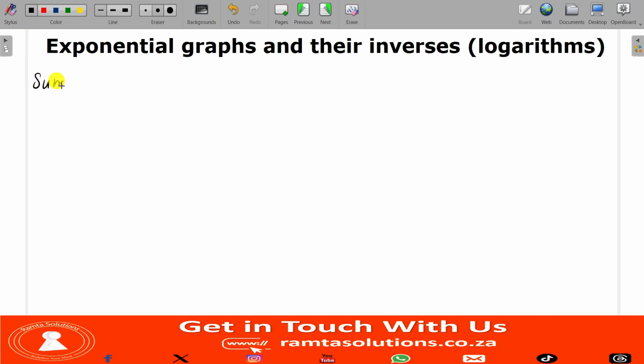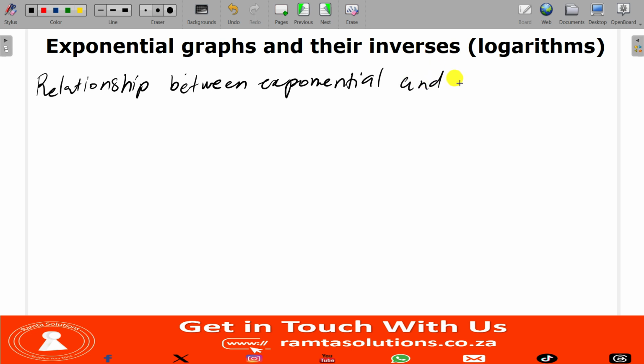So summary, or observation. Let me not call it summary. Relationship between. I think that's better. A relationship between exponential and logarithm.